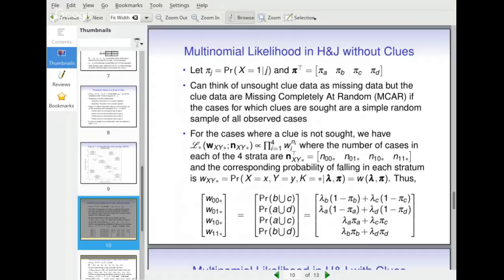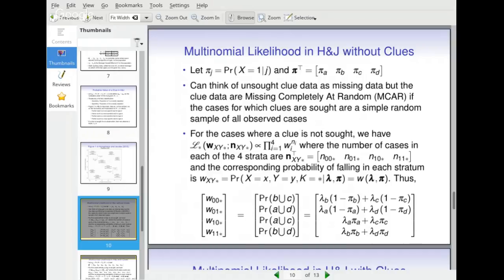So this conditional probability W is given by a function of lambda and pi. And so what is that function? The first element of W, so W00, the probability that X is 0, Y is 0, and you don't know what the clue is. Conceptually, that's the probability of being type B or type C. And because B and C are mutually exclusive, we don't have to worry about subtracting the probability of them both being true at the same time.